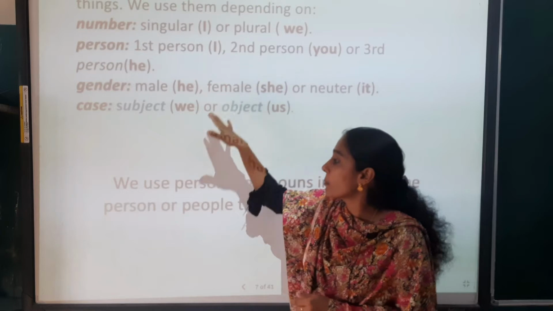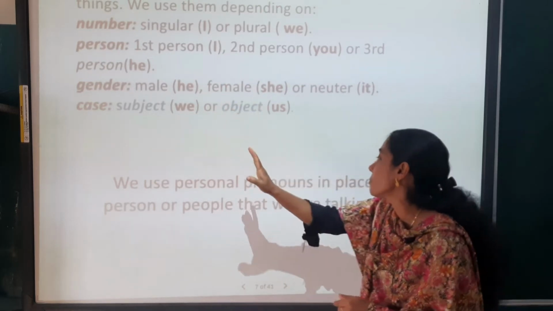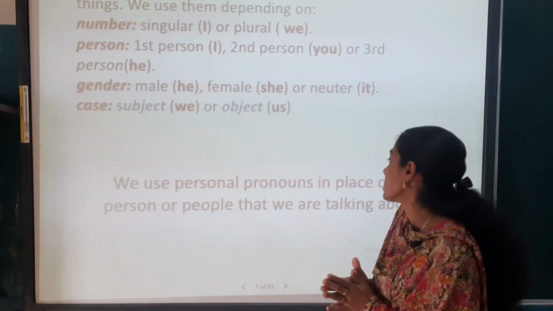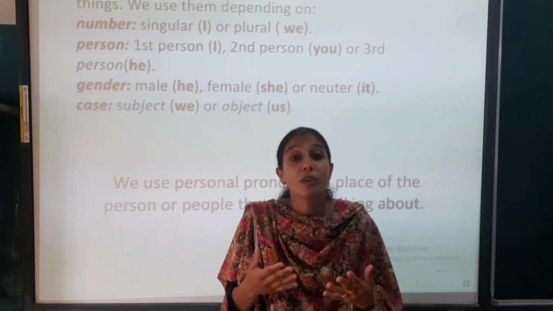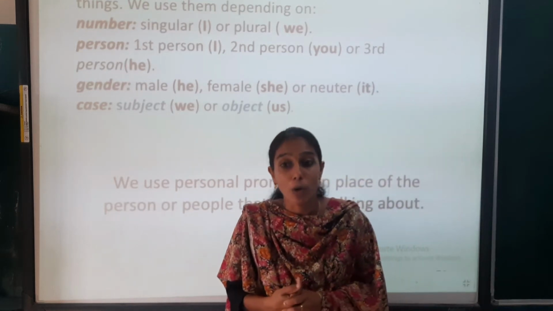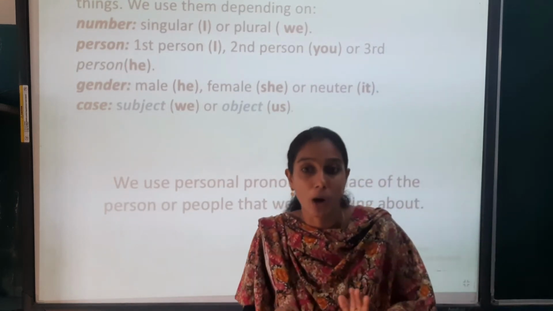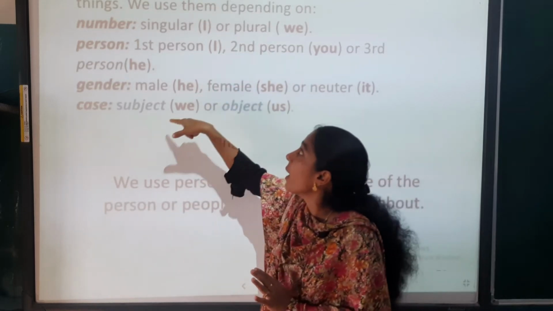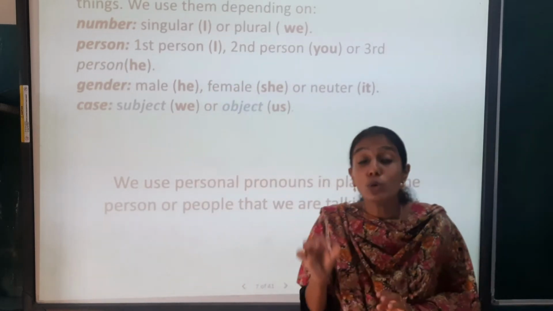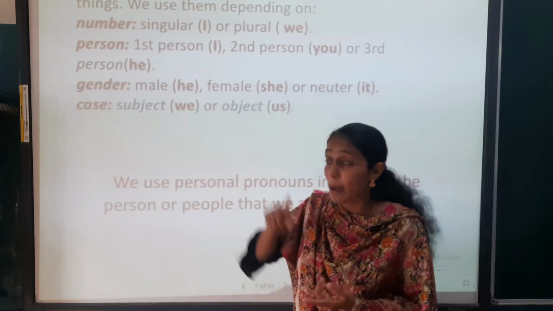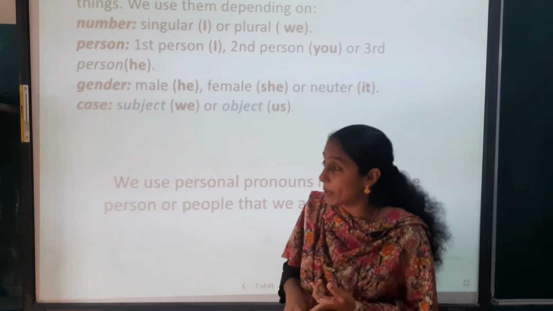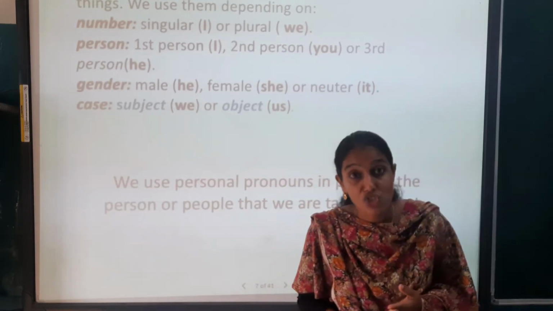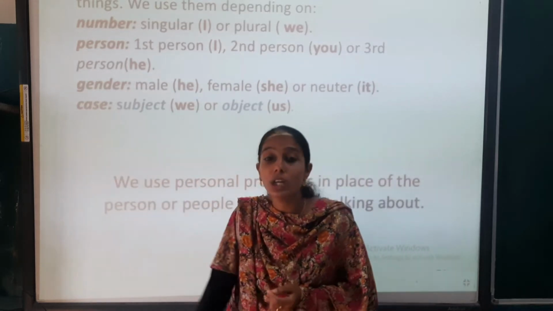So children, keep in mind, we use personal pronoun in place of the person or people about whom we are talking. That is called personal pronoun. These are all personal pronouns and we use them according to the number, the person, the gender and the case.